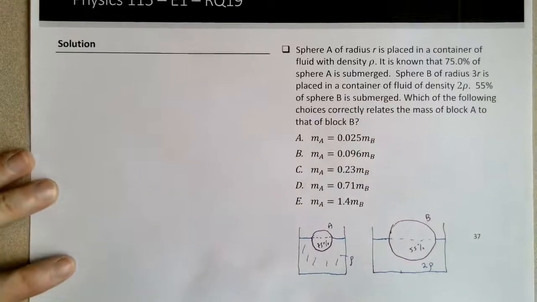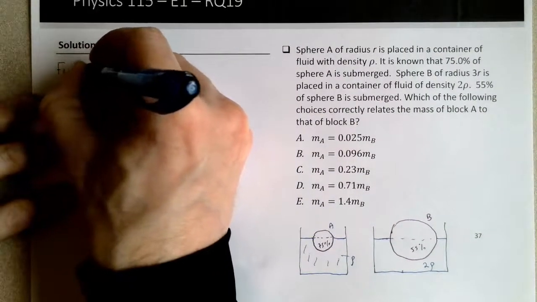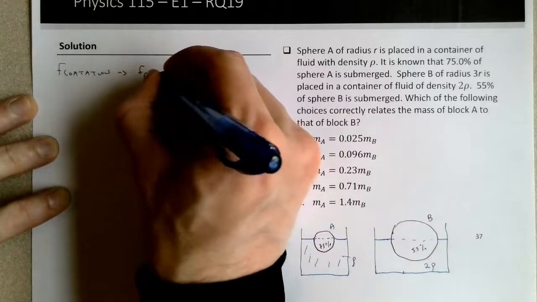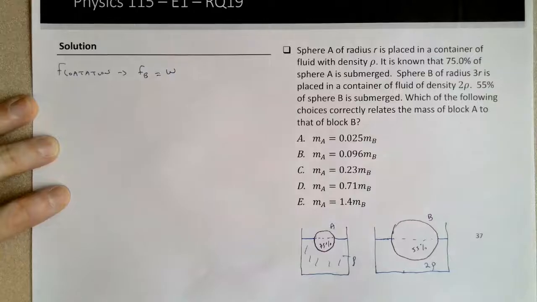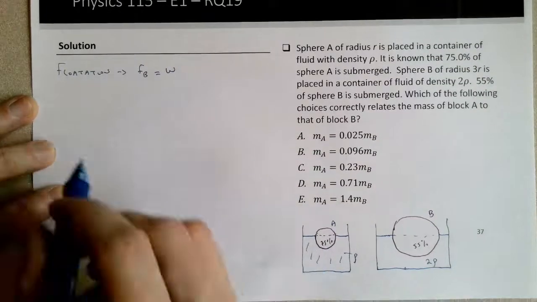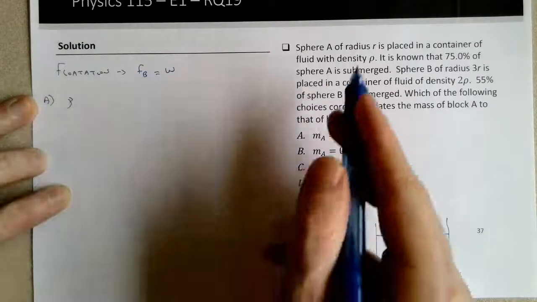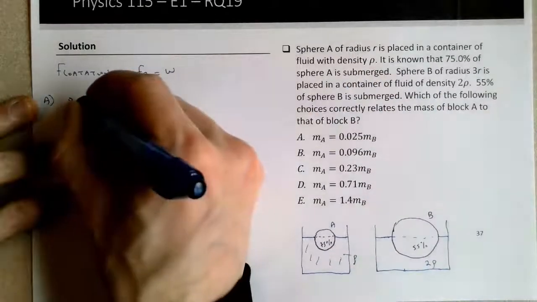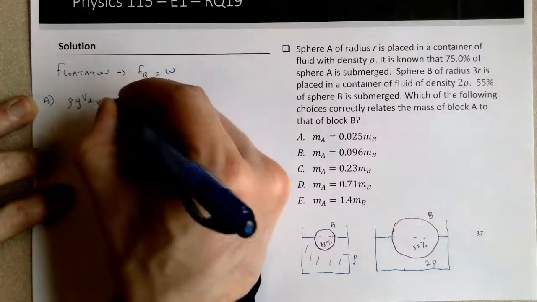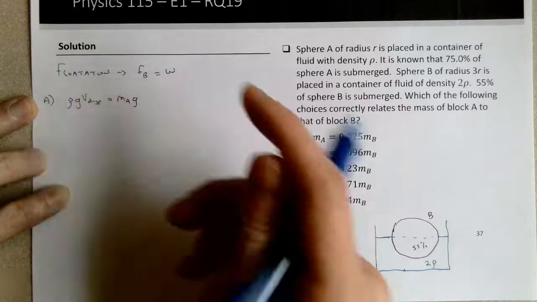So again, it's a flotation type question. Our key condition for flotation is that the buoyant force is the same magnitude as the weight. So F buoyant for situation A is going to be rho, which is just the rho of this fluid, times g times the volume displaced, equals the weight of A, which is the mass of A times g.